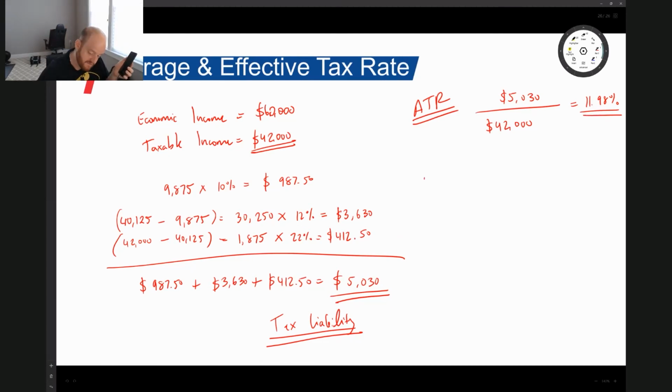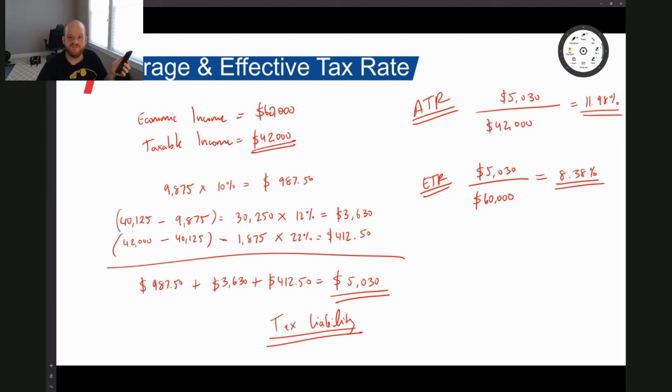Now, what is his effective tax rate? Well, his effective tax rate is his total tax liability over his actual economic income, right? So that's $60,000, meaning that we would divide 5,030 by 60,000 to get 8.38%. So this is Peter's effective tax rate. Effectively, he's paying 8% of his $60,000 as a tax.